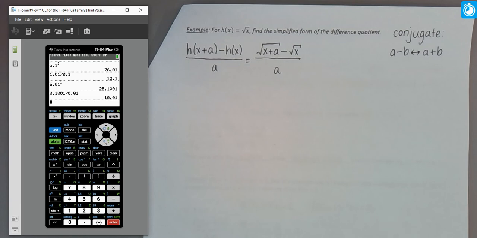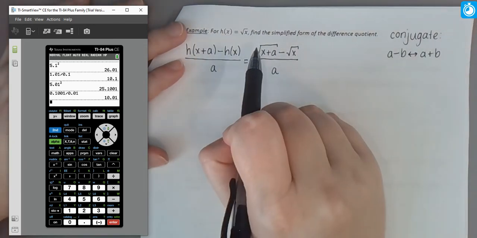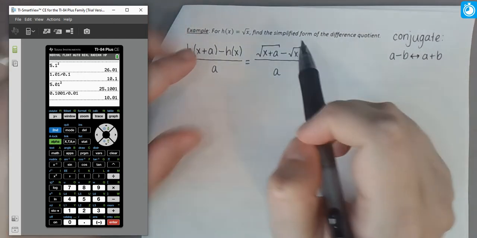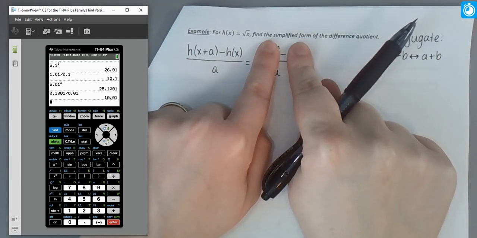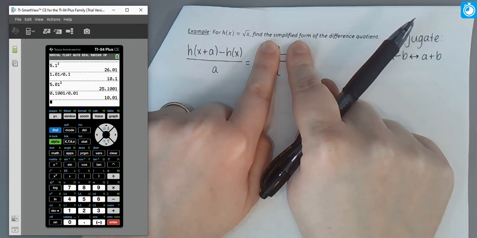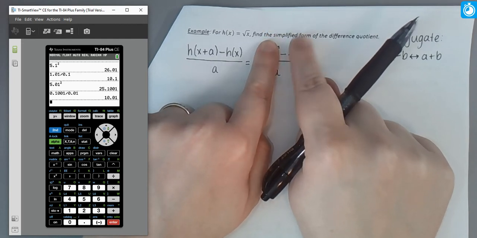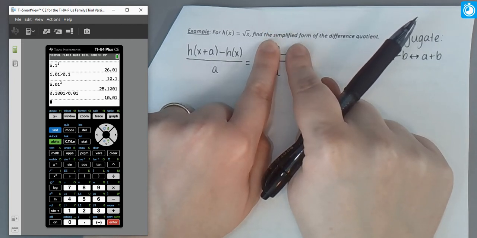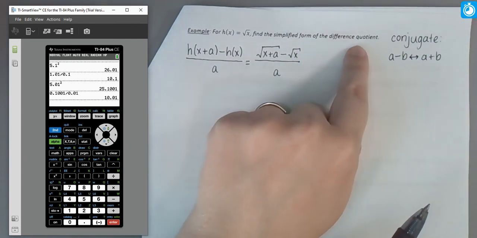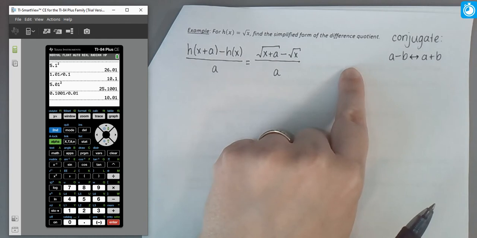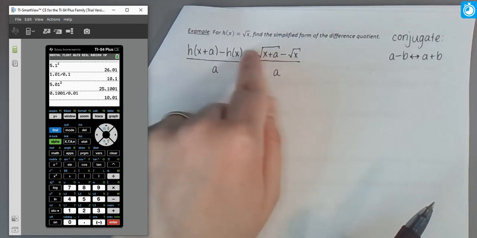Here, we're going to multiply on top and bottom by the conjugate. In other words, specifically the conjugate of the numerator. So one term minus another term, its conjugate is going to be the same term plus that second term. So we're going to multiply in the numerator and in the denominator by the conjugate of this numerator.